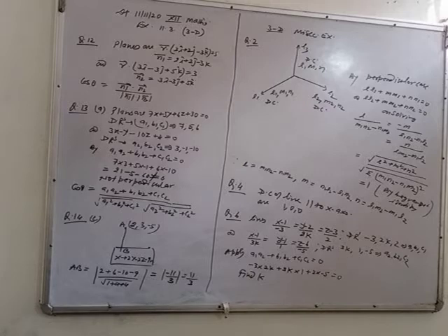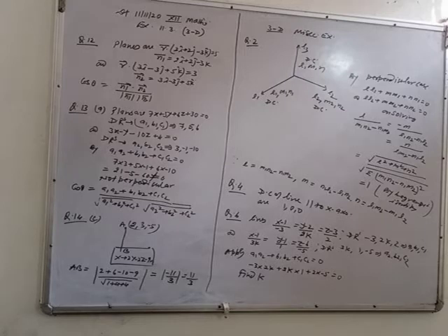For perpendicular, what is the condition? a1 a2 + b1 b2 + c1 c2 = 0. Apply the condition and see whether the result is 0 or not. Here the result is not 0, so you can write the planes are not perpendicular. And if the planes are not perpendicular, then find the angle between them.